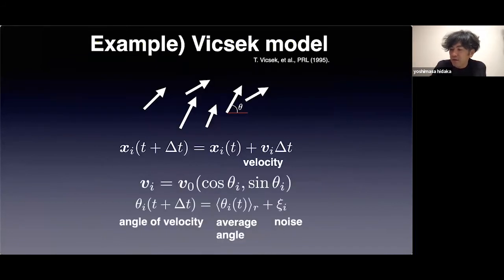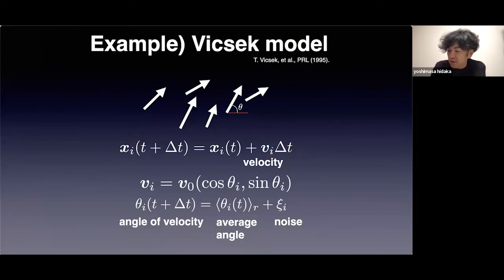For example, this is a simple model, the so-called Vicsek model. Here is the equation for this model. The update of the position in time is given by this. This is just an ordinary relation: the position plus velocity times small t gives you the next position.